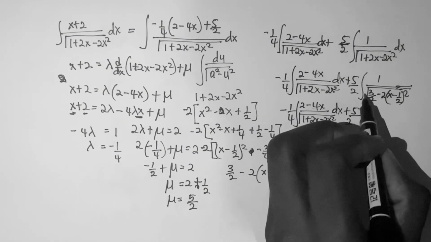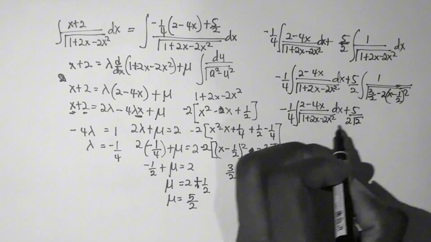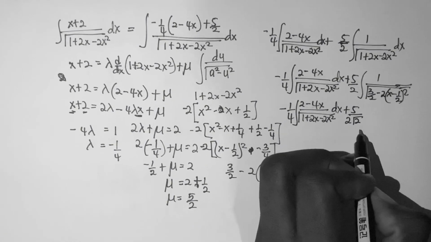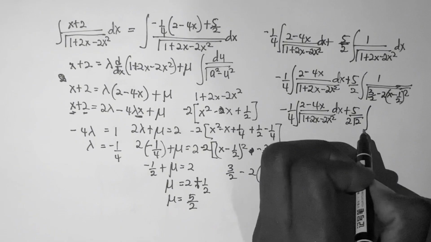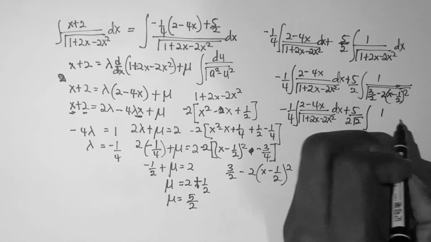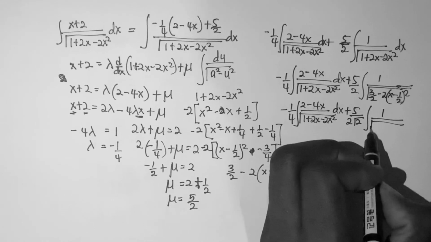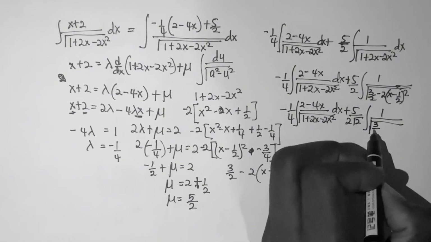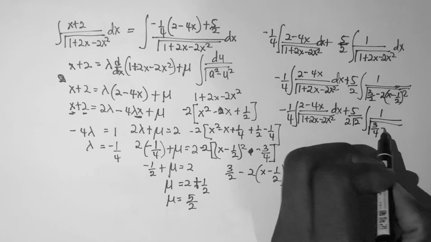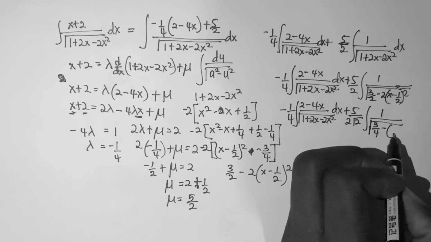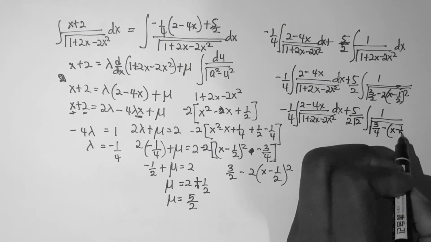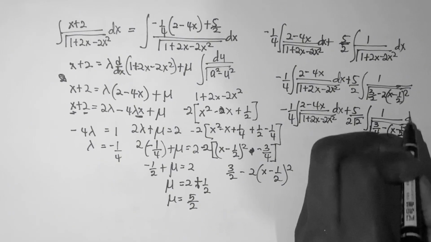If we pull out 2, because of the square root, here will be 2 root 2. And then integral of 1 divided by square root of, now because we pulled out 2, here will now be left with 3 over 4, and minus into bracket x minus 1 over 2 squared dx.